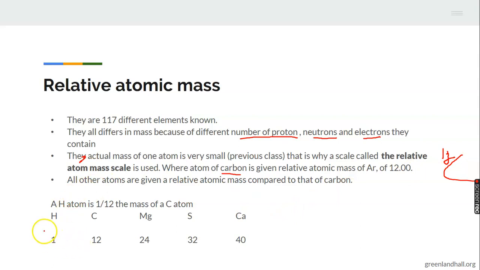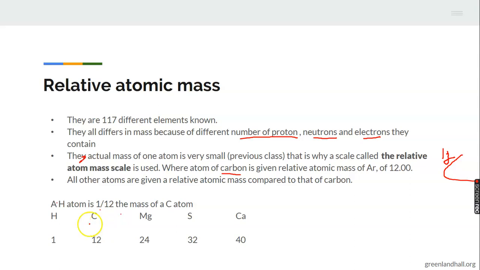Okay, when you look at this scale I drew here, we have hydrogen to be 1, we have carbon to be 12. The difference between hydrogen and carbon is that a hydrogen atom is 1/12 of the mass of a carbon atom. Can you see that?